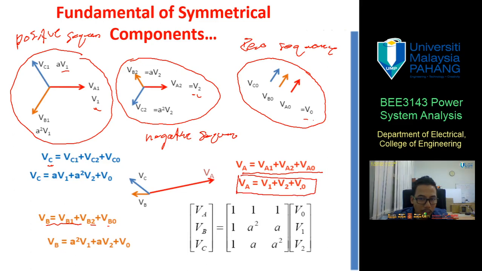For VB, the positive sequence differs by A squared, that's why VB positive sequence is A squared V1. For VC1, the difference is only A, that's why this one is A. It follows with the negative sequence for phase C and the negative sequence for phase B.